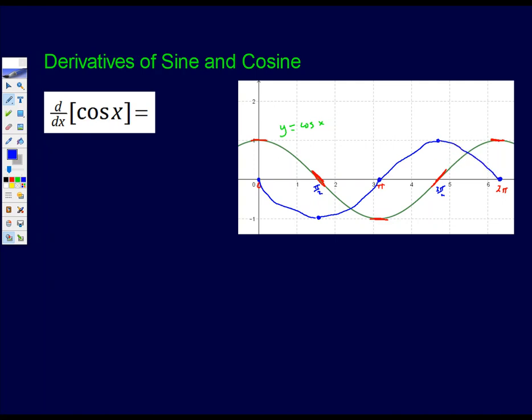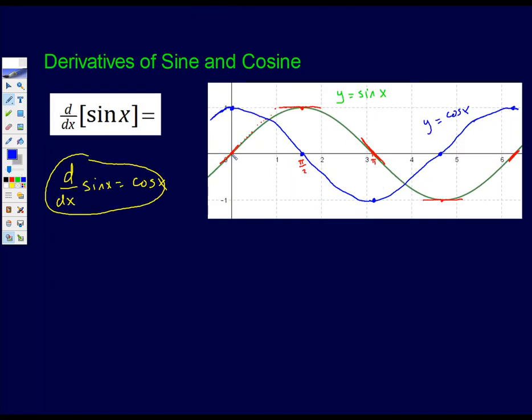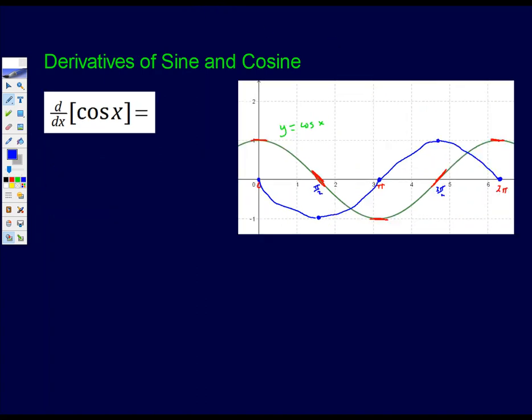Now after the last demonstration, maybe you were predicting that the derivative of cosine would be sine. Looking carefully though, it's not quite that, because if you just remember what the sine function looks like, it starts at 0 but it goes up first and then down second. What I just drew is a very similar curve, but it's going down first, then up second.